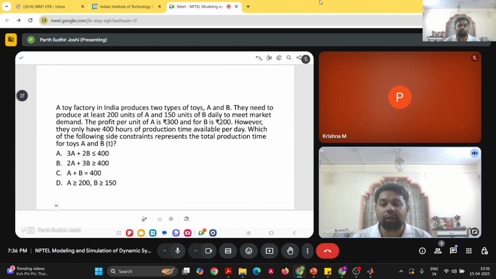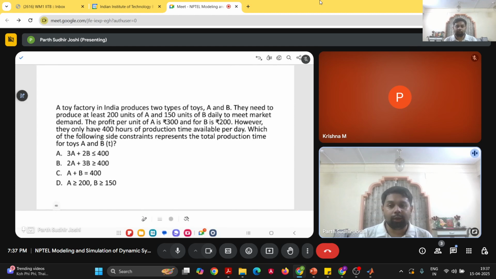So we have been given some inequality constraints, and we have to choose which one of those are side constraints which represent the total production time for toys A and B. So we have been given that we need to produce at least 200 units of A and 150 units of B daily.